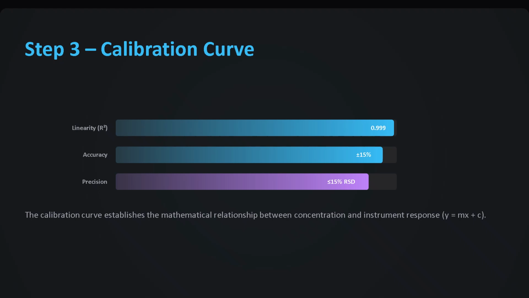This relationship is typically described by a linear equation, expressed as y = mx + c. For a reliable quantitative method, the calibration curve should show strong linearity, often with an r-squared value around 0.999, while accuracy and precision remain within acceptable limits, typically within plus or minus 15%. Once the calibration curve is established, unknown sample concentrations can be calculated.